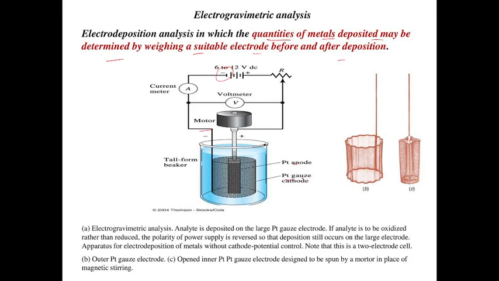It is also known as a platinum gauze cathode. It will spread equally all over the solution, and the concentration of your energy will be uniform if you make this type of electrode.